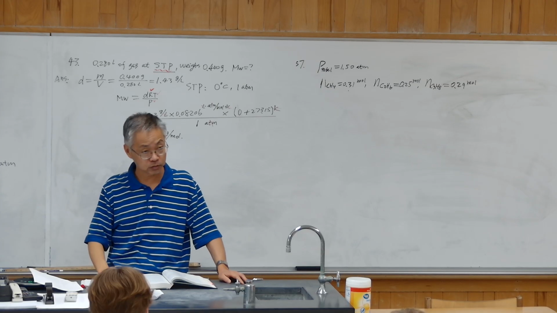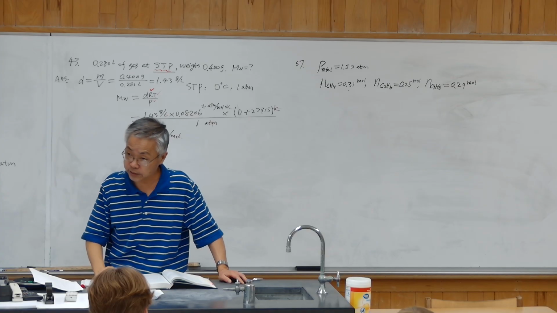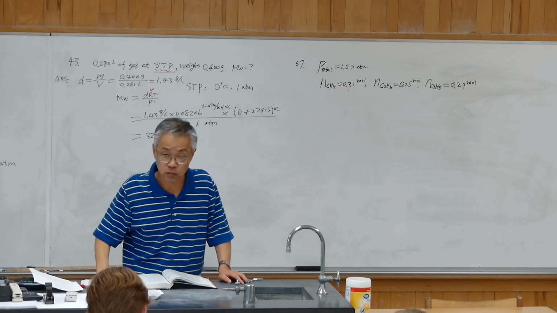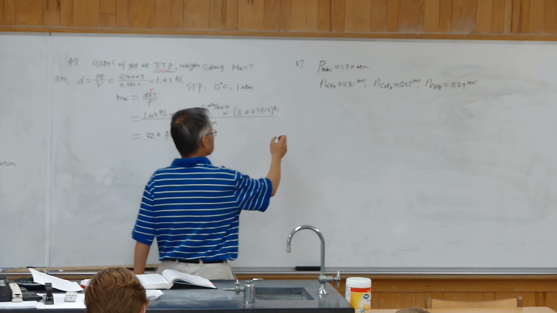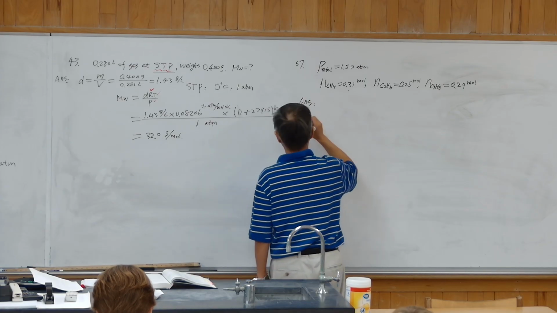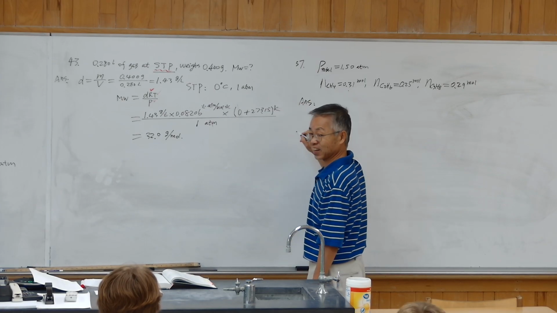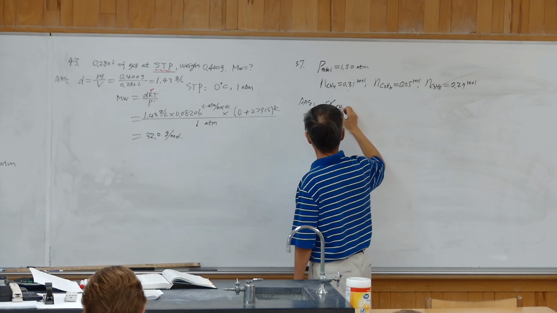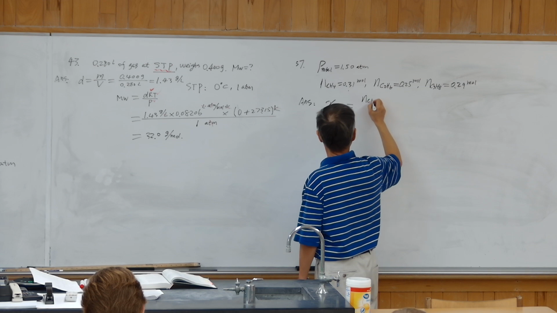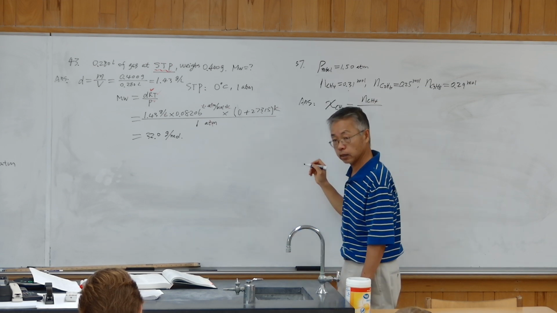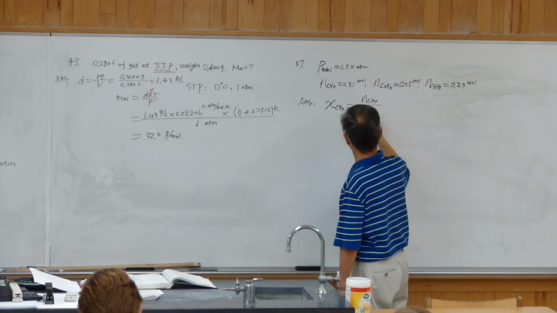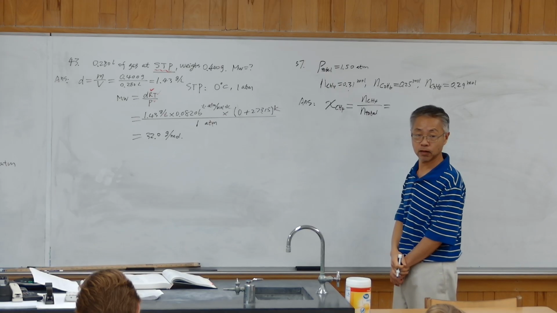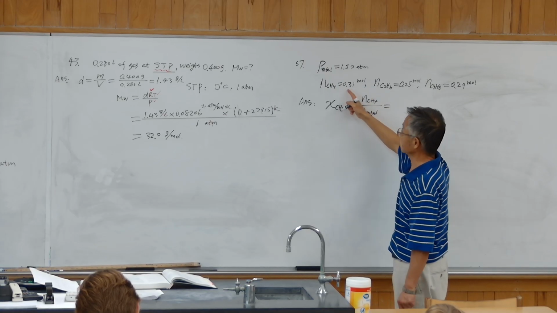Okay. Partial pressure is equal to mole fraction times total pressure. So we need to figure out the mole fraction first. Mole fraction equals moles of that gas. Use CH4: CH4 moles divided by total moles. Moles of CH4 is 0.31.